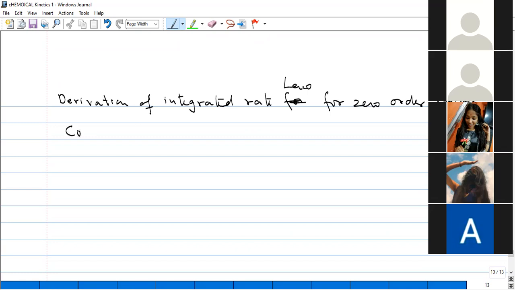Consider a zero order reaction, A giving you product.